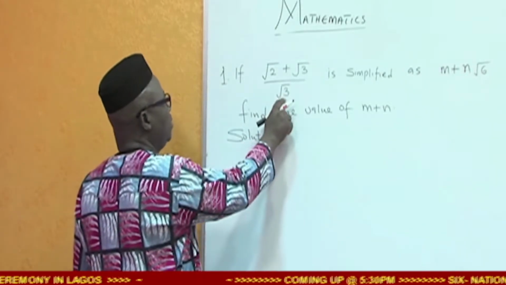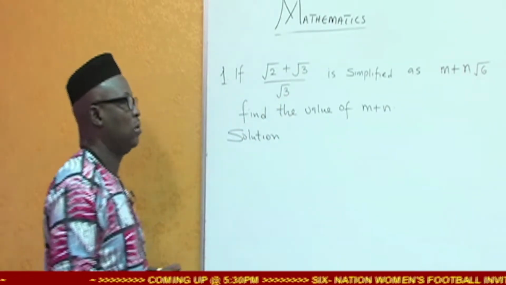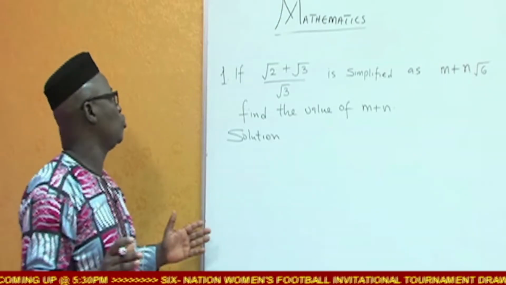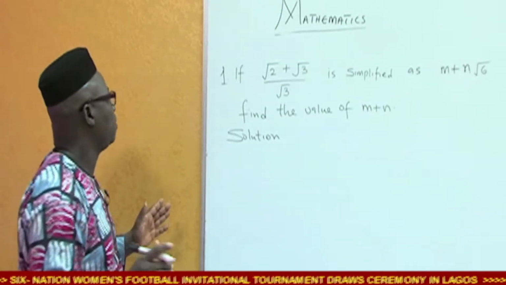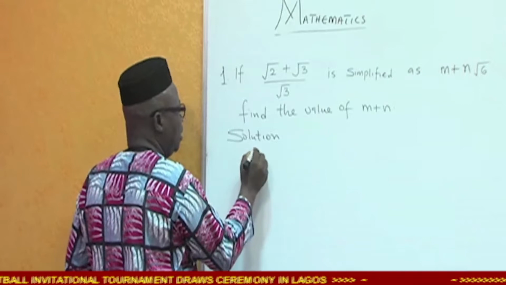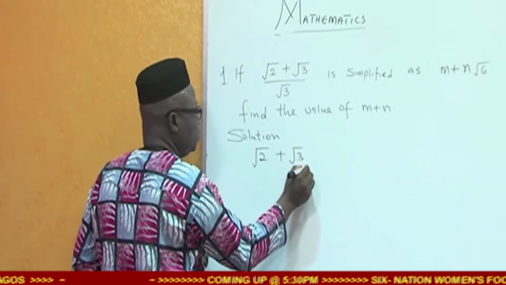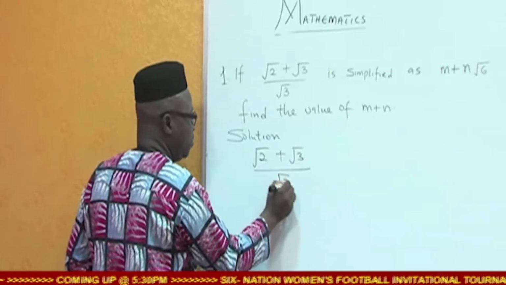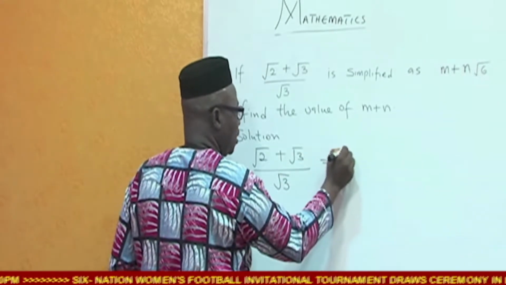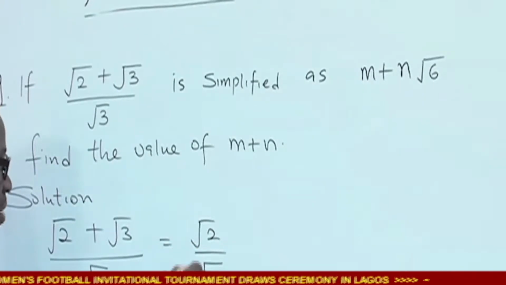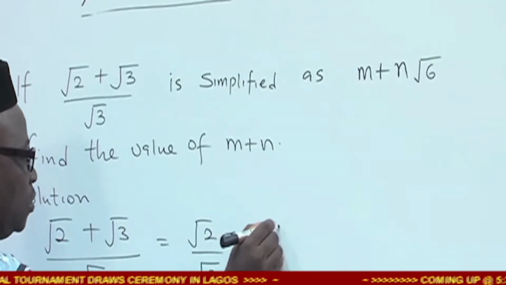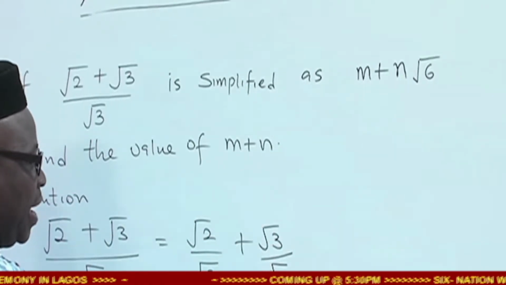Since there is a single denominator, I can split the 2 into 2 different parts. That is, having root 2 plus root 3, all divided by root 3, can be written as root 2 divided by root 3 plus root 3 divided by root 3.